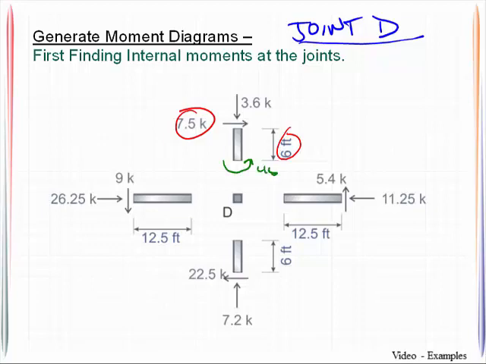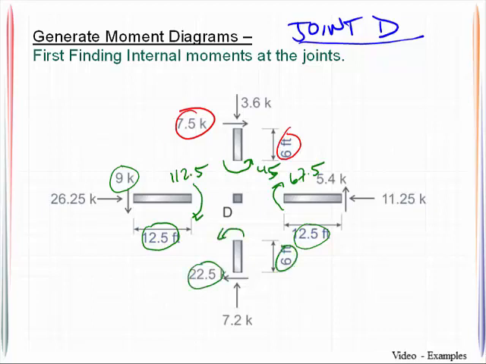This is 45. You get 5.4 multiplied by 12.5, and that'll be 67.5. You take 9, multiply it by 12.5. This will give you 112.5. Take 22.5, multiply it by 6, and you'll get this at being 135.